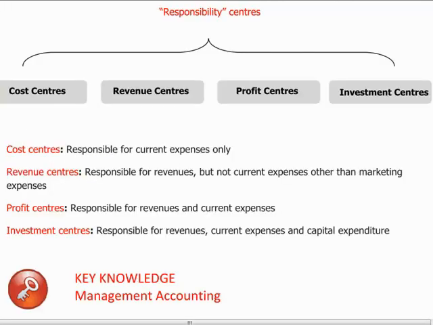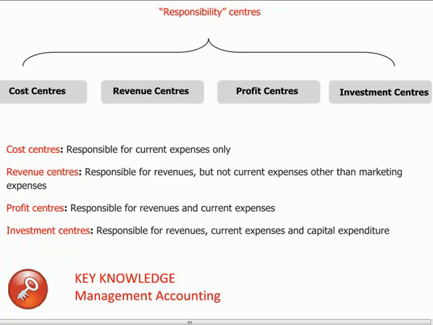Now, if we move on to the question of how and where managerial type information is put to use, we should put on our organizational spectacles and think in terms of so-called responsibility centers.